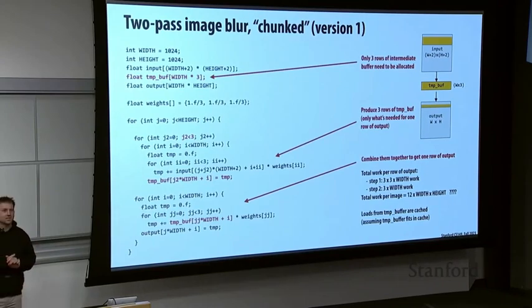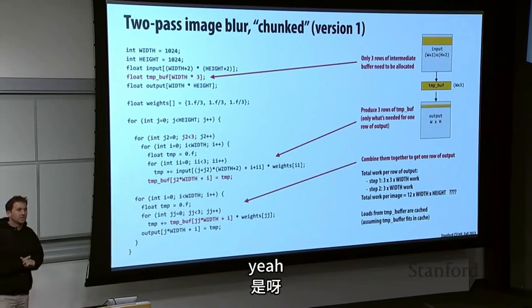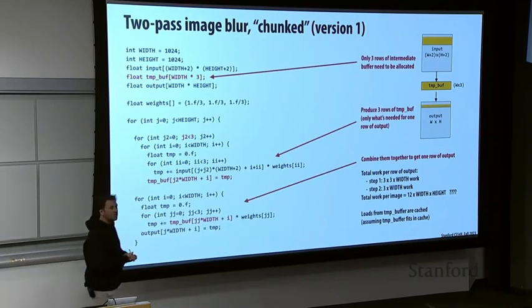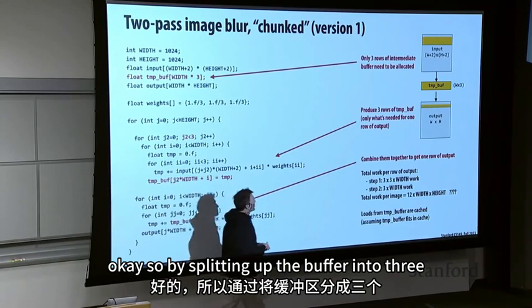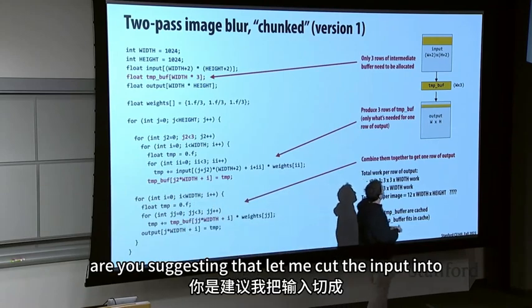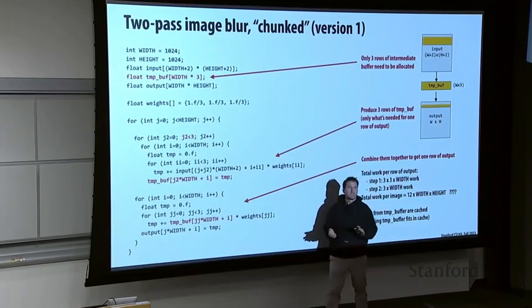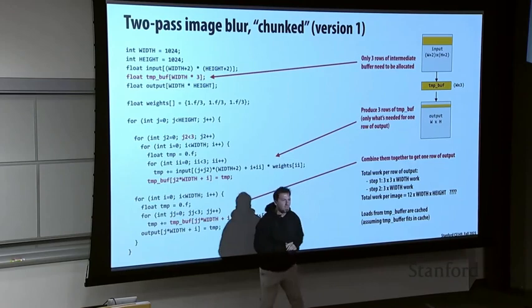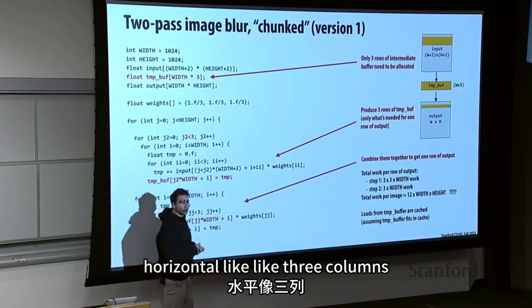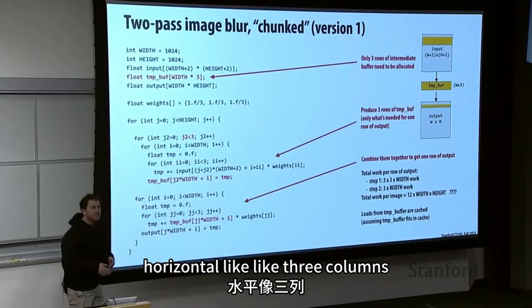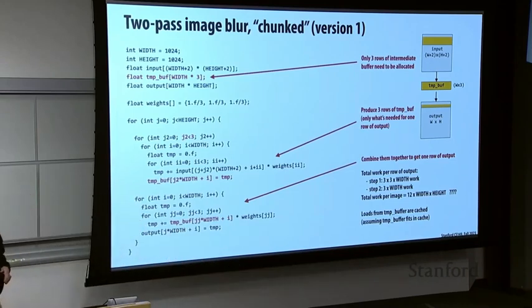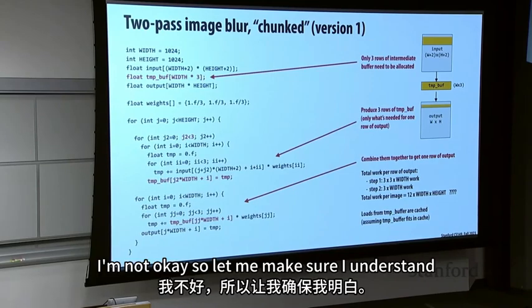Any other ideas? Yeah. Split up the buffer into 3 and then just keep them as 3 separate pieces. Okay, so by splitting up the buffer into 3, are you suggesting that let me cut the input into horizontal, like 3 columns? Okay, so let me make sure I understand.